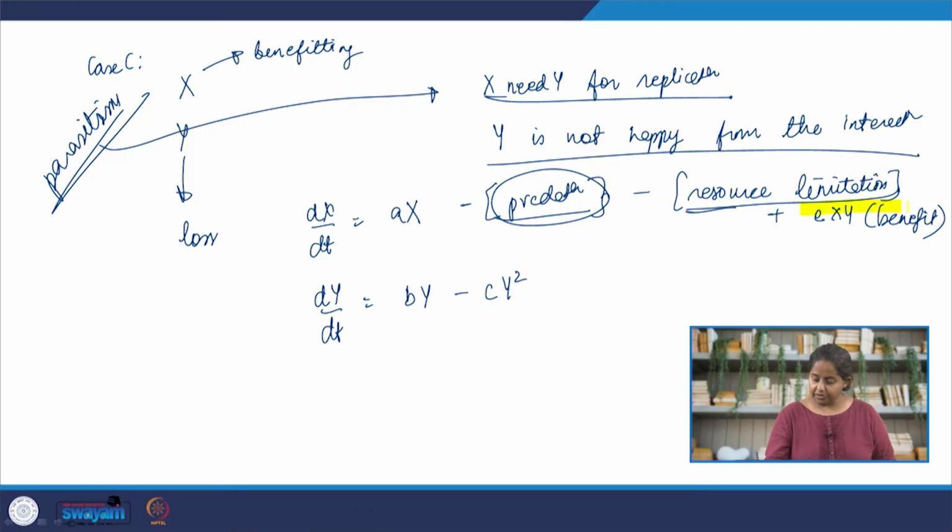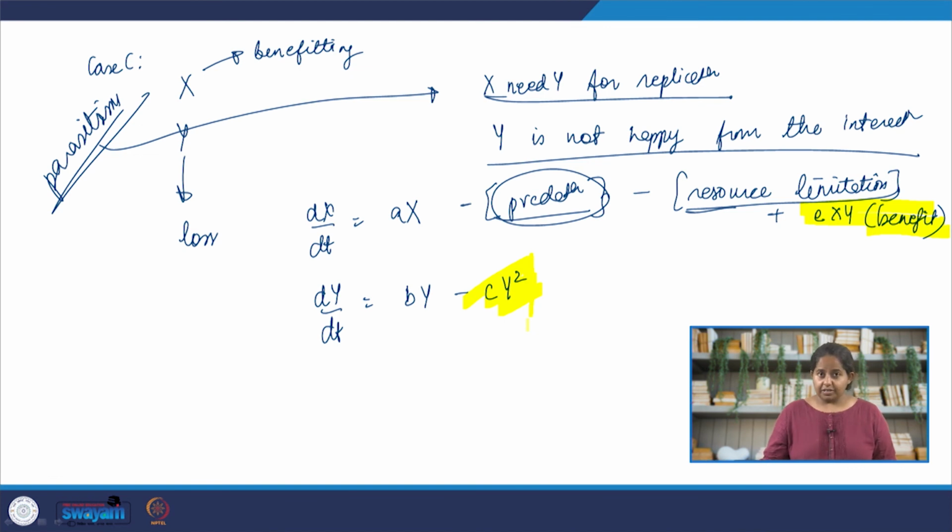So very simple change. The other species is not at loss, so remove the loss. Now here X is benefiting from interaction with Y. We have this very nice benefit term here, but Y is not really at loss. Y is living their life. Y is only having resource limitation. Y may have other predators, depending upon how we're defining our ecosystem, or just resource limitation.